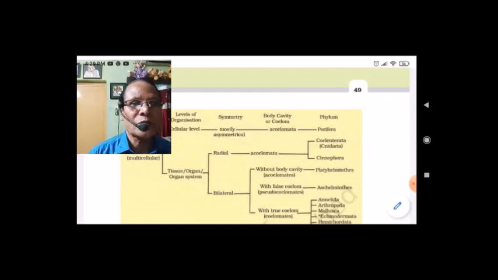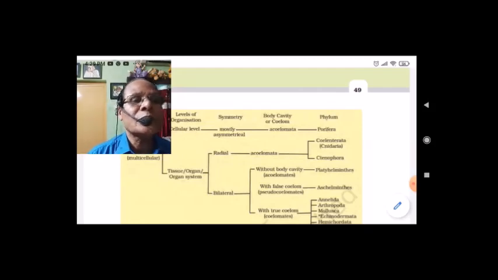Based on the nature of coelom, the coelomates are again classified into schizocoelomates and enterocoelomates. In schizocoelomate animals, the coelom is developed by the splitting of mesoderm, schizo, S-C-H-I-Z-O, that is, the splitting. For example, in annelids, arthropods, mollusks, the coelom is called schizocoelom, formed by the splitting of mesoderm, but a true coelom.